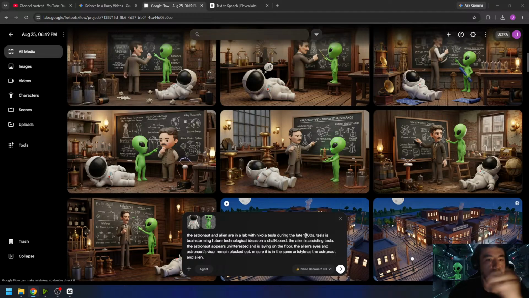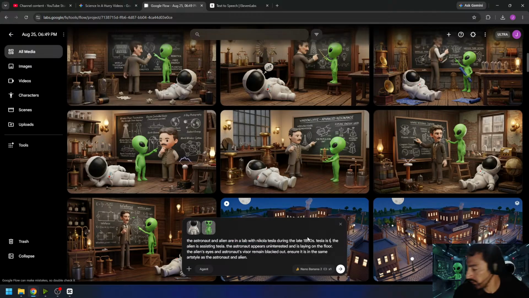So the astronaut and alien are in the lab with Nikola Tesla during the late 1800s. Tesla is testing out an early radio. Alien is assisting Tesla. The astronaut appears uninterested.